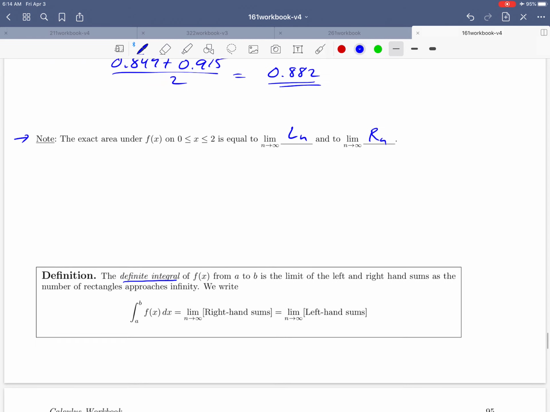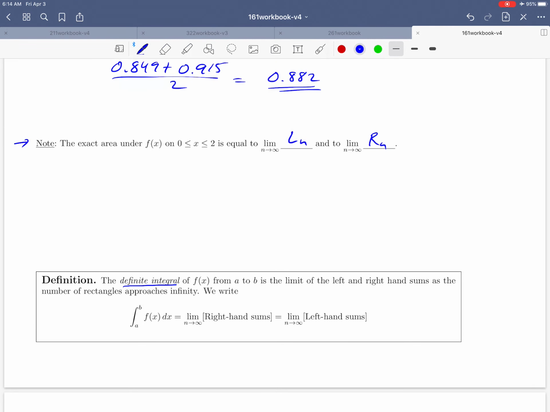How is this defined? Well, the same way that we just made the definition in the note here, the definite integral of a function is just the limit of the left and the right-hand sums. So it's a way of representing exact area.